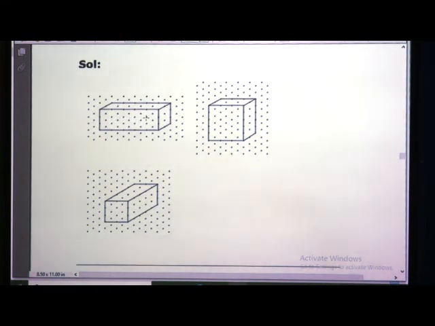By looking at the figure we can say that it is a cuboid, this is a cube, and again one is a cuboid. Here the faces are different, this is a front face, that is the back face. Here we are having a cuboid, a long face, and the back face is again similar to that.